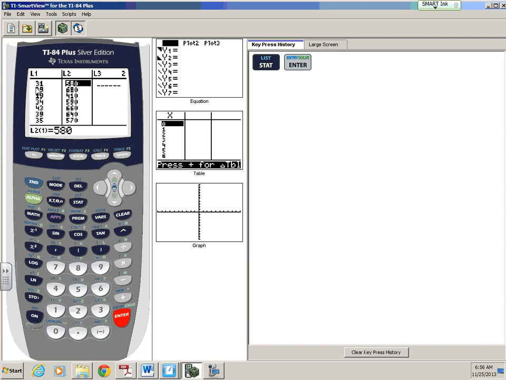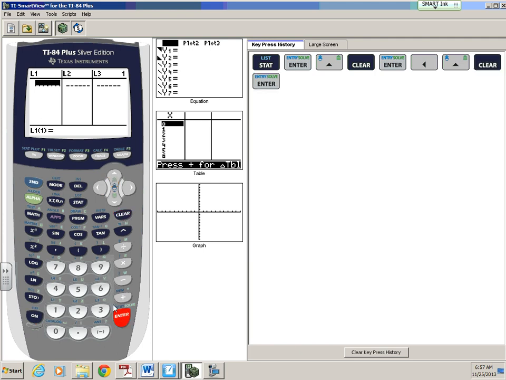And you're going to see we come up with a table, an L1 and an L2. I actually already have some data in there, so I need to clear that data out. If you move the cursor up to L2 and L1 and hit clear, enter, it'll clear all the data out for you. It's just a shortcut as opposed to going in there and clearing each one by one.